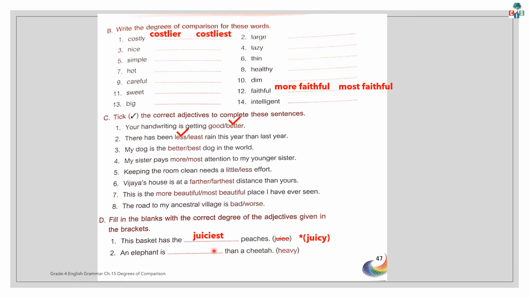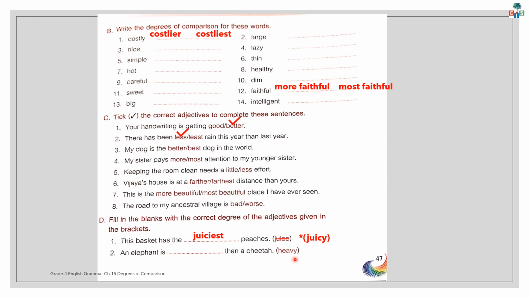Understood? Second one. An elephant is dash than a cheetah. Now here which word have we used? Than. And whenever than is used, it means we have to use the comparative degree. So what will be the comparative degree of heavy? Yes, the word is ending in the letter Y. What you have to do?